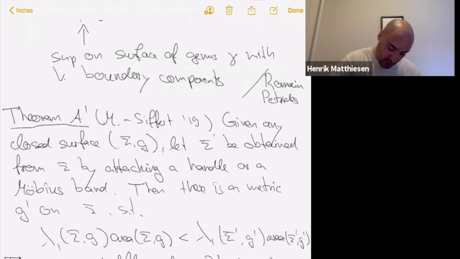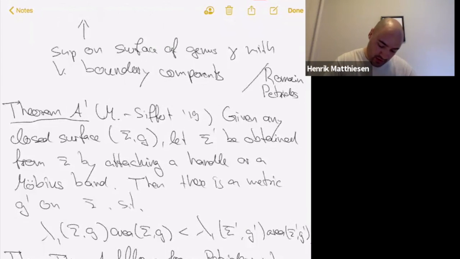Let sigma prime be obtained from sigma by attaching a rectangle along two opposite sides of the boundary.